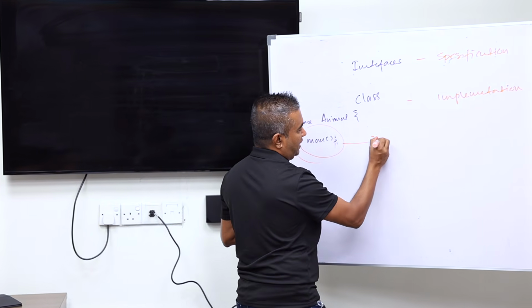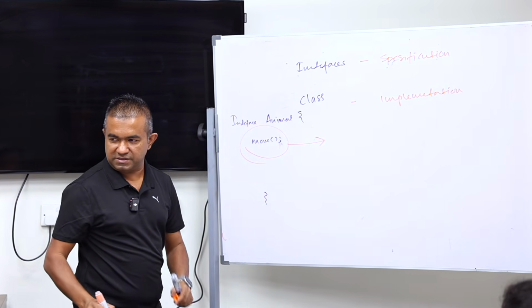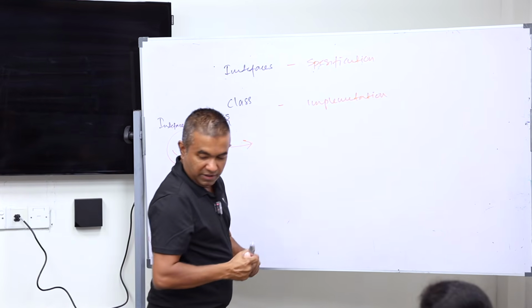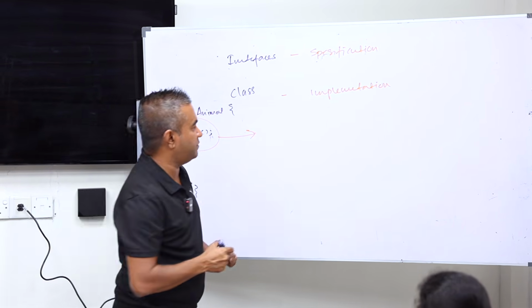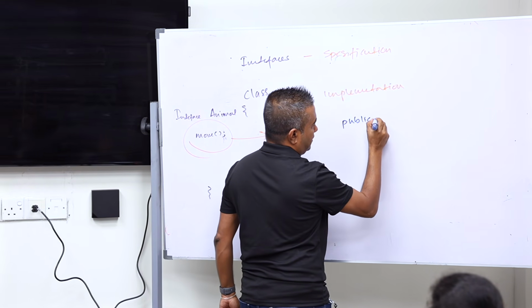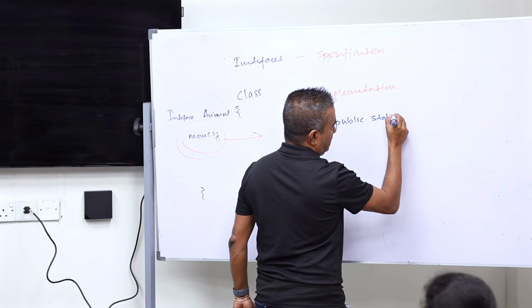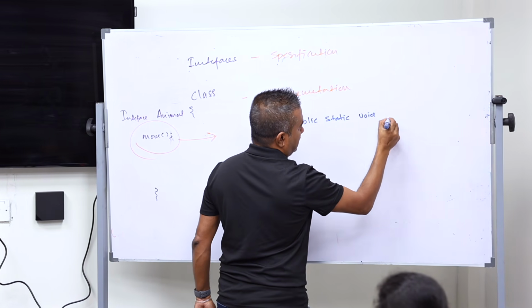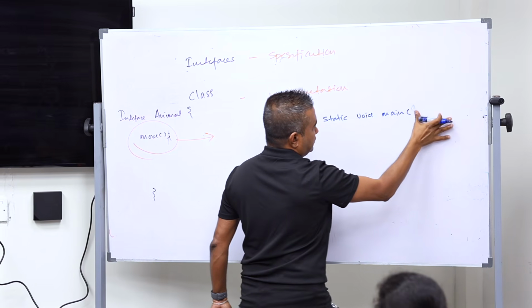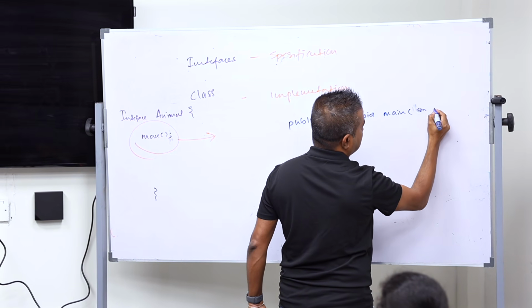And these are methods. If you get a class, we have the class method implementation, and in order to run a Java program, you have to have a method called public static void main, which takes String args.